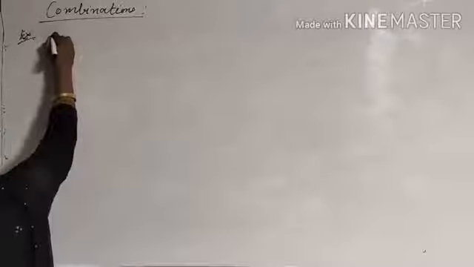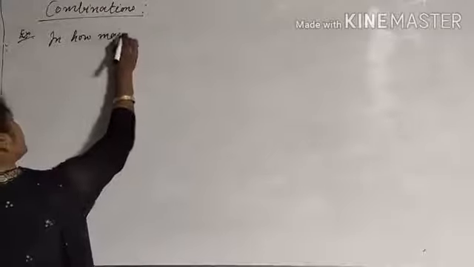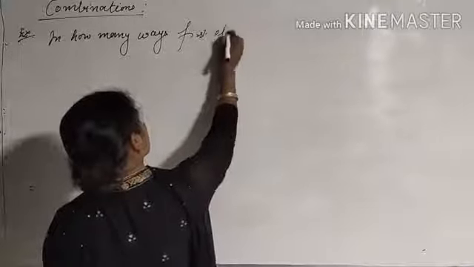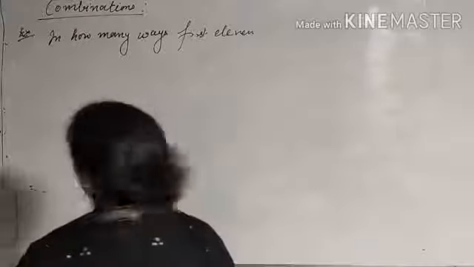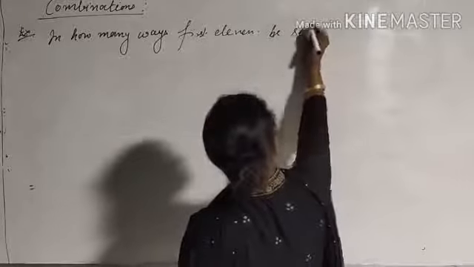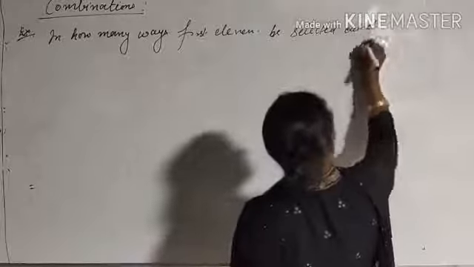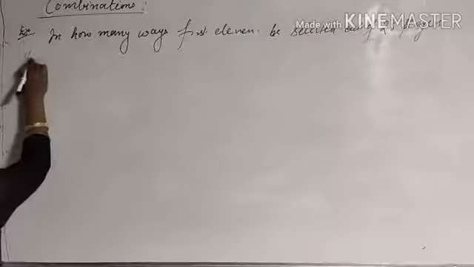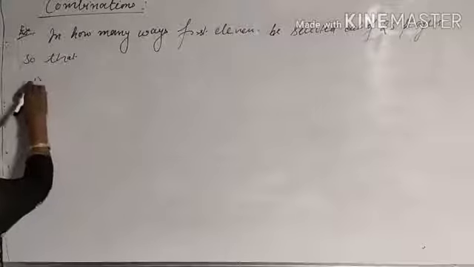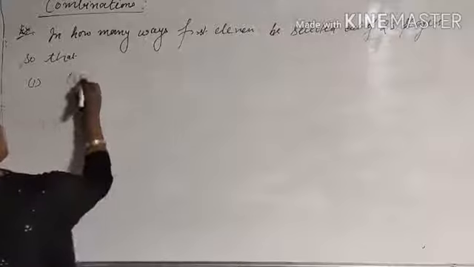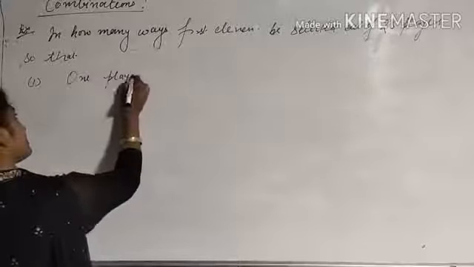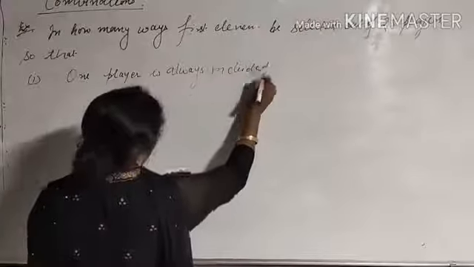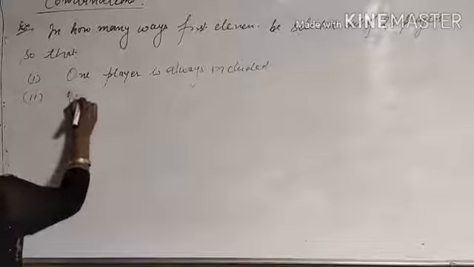In how many ways can a first 11 be selected out of 25 players so that case 1, one player is always included in a team, and case 2, one player is always excluded from the team.